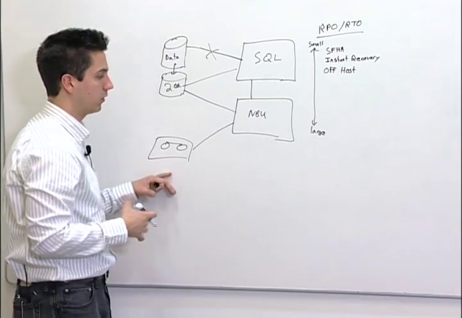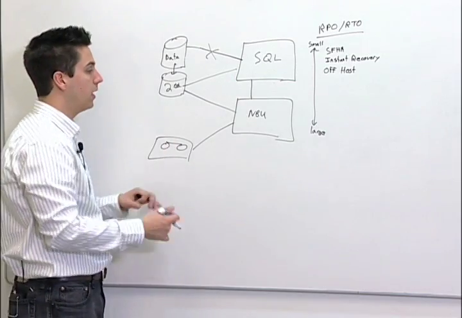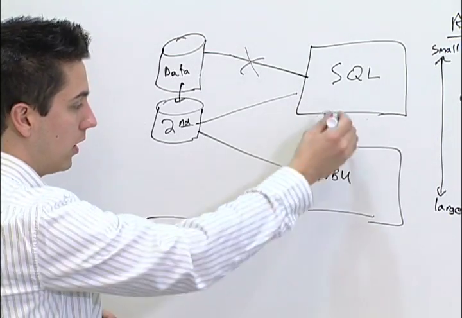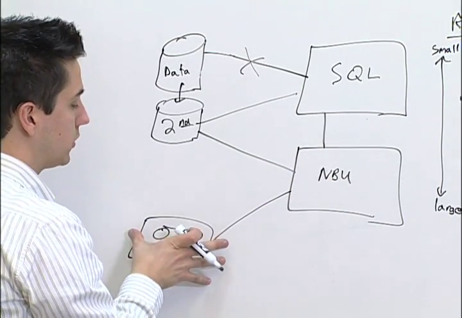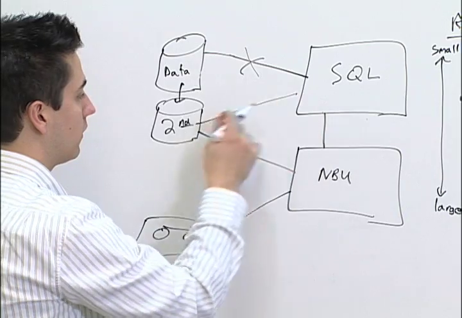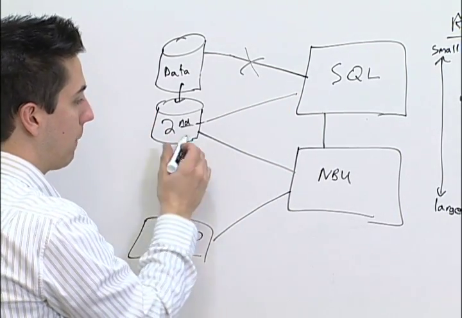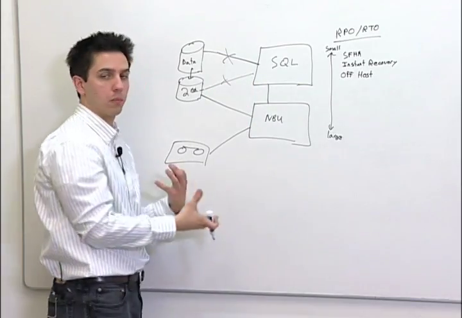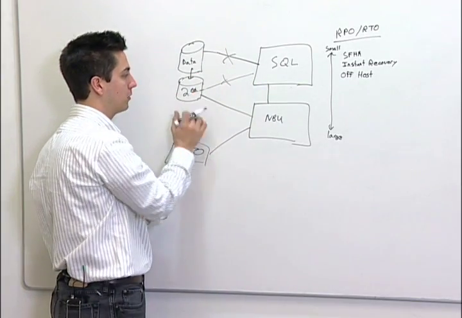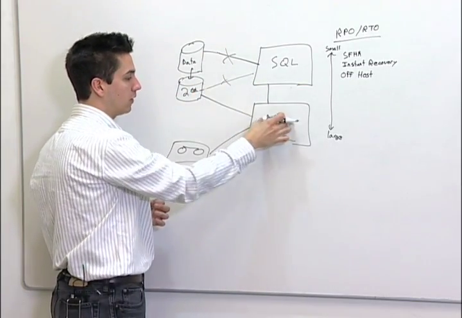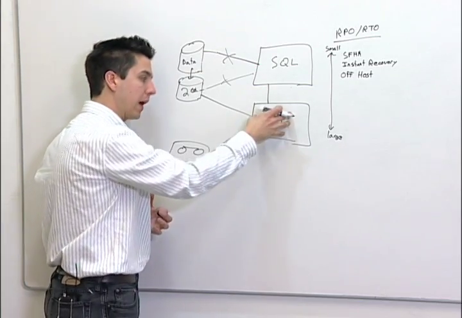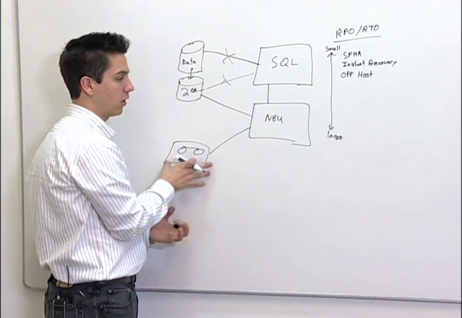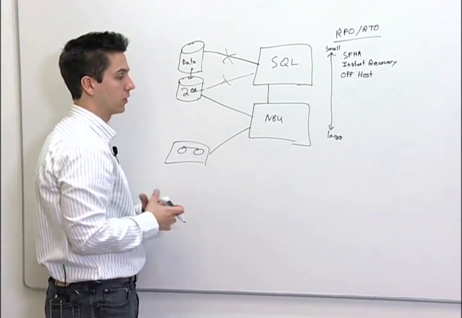So perhaps that location is something like tape or disk, but this backup processing now, rather than going through the SQL server, through NetBackup, and out to the tape device, you can just take that snapshot, mount it on here, and you eliminate the burden of having SQL process the backup, because it just takes the snapshot, breaks it, and then mounts it on the NetBackup server. The NetBackup server spends its time processing and indexing that backup as it's sent off to the storage location.